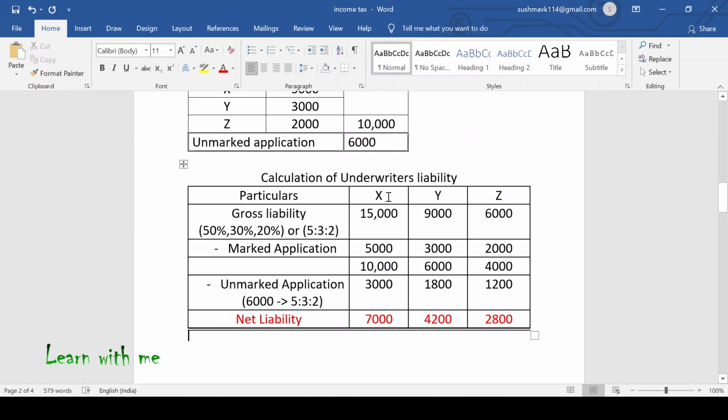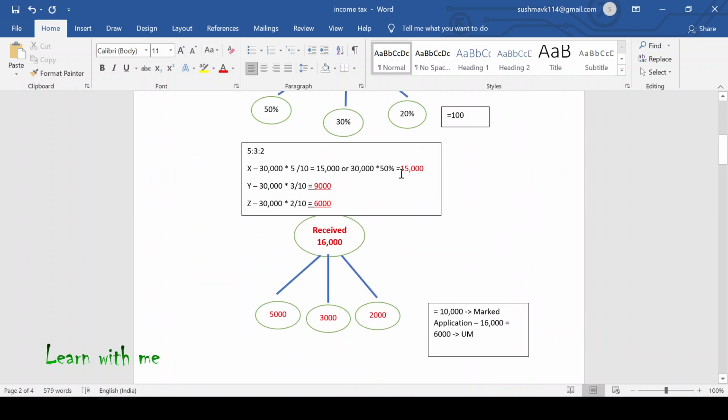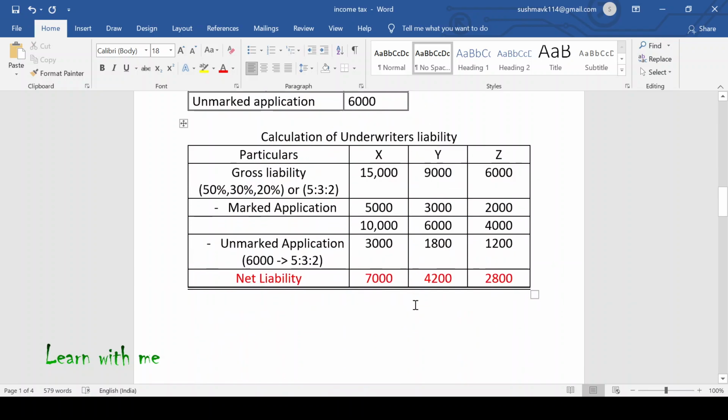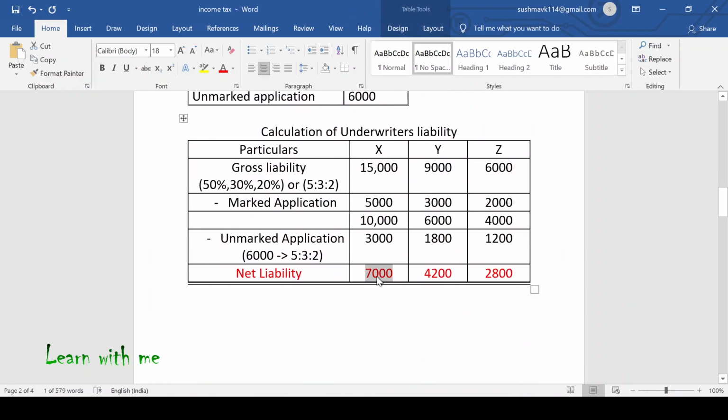Because X has promised that he will try to convince people and make them purchase 15,000 shares. But he has failed to do so, and he has tried to convince and subscribe only for 5,000 shares. So what is the remaining? 7,000. It should be purchased by whom? By X. And the same will be for Y and Z.